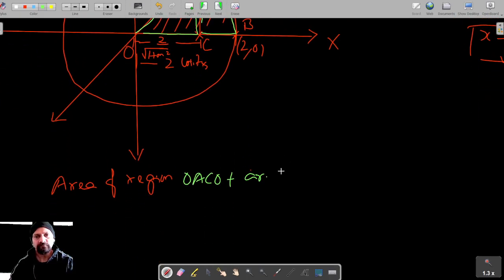This is given as pi by 2 square units, and we have to find the value of m.